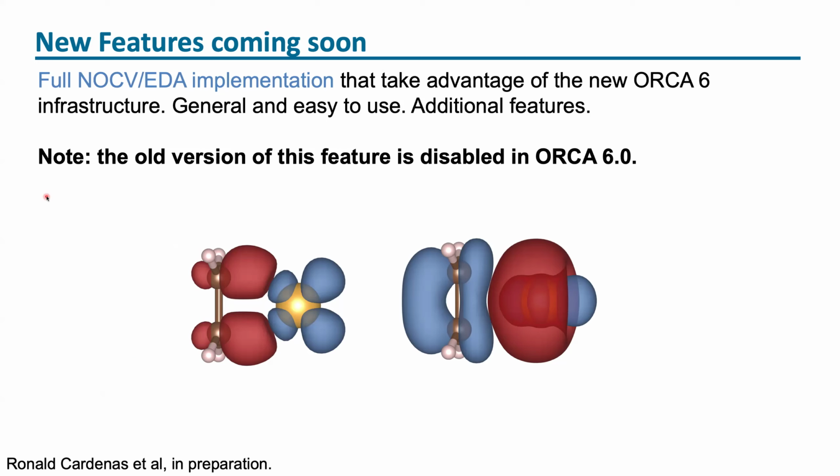Now, unfortunately, we are still finalizing the last few touches with the idea of releasing a complete black box methodology in the coming 6.1 release. So for the time being, this scheme is disabled in ORCA 6.0, but it will be back soon with many additional features and capabilities, so stay tuned.